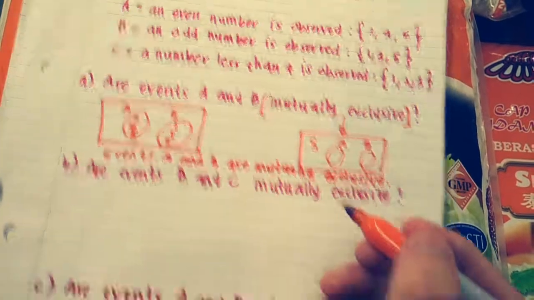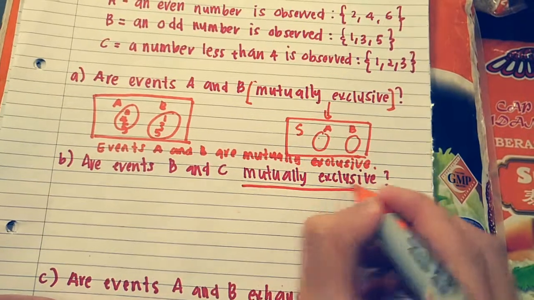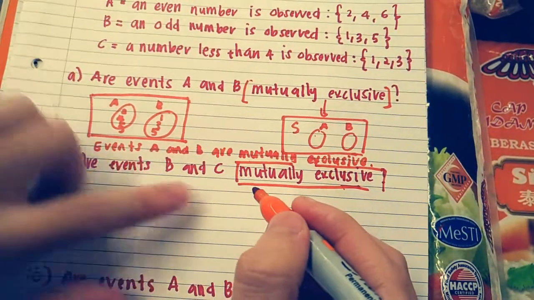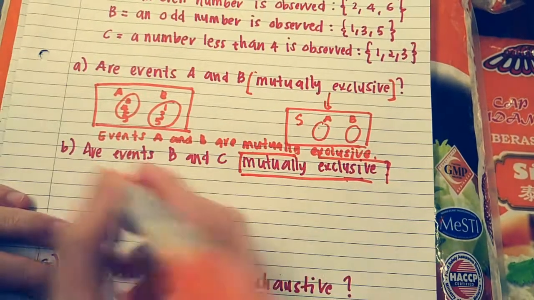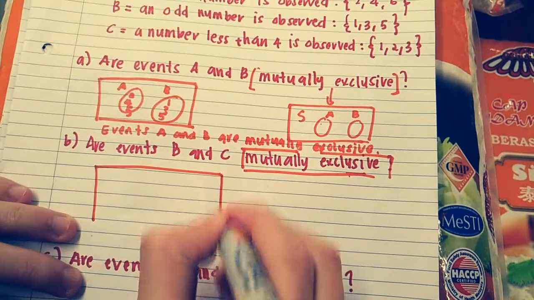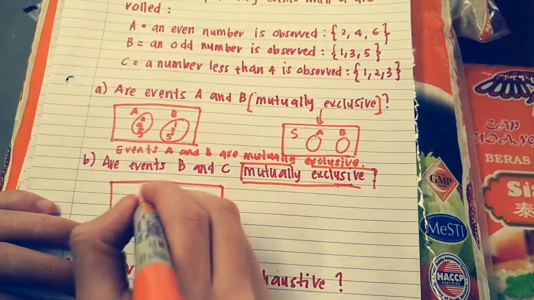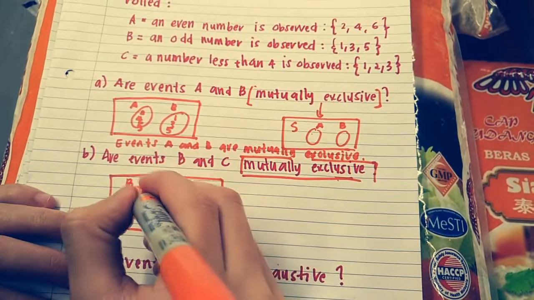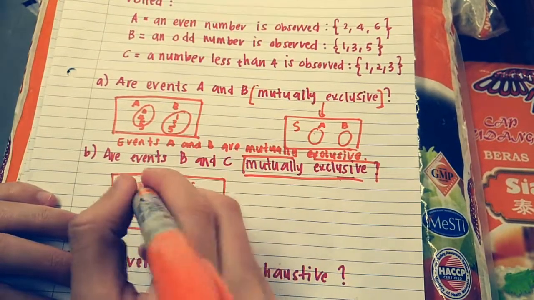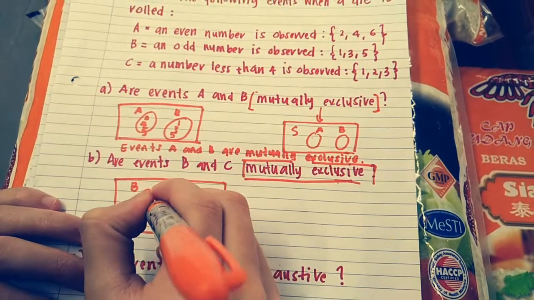Next, this question also asks your understanding of what is mutually exclusive. Are events B and C mutually exclusive? So we need to do the Venn diagram first. B, C, 5 and 2, 1 and 3.